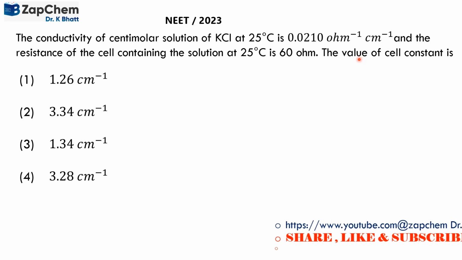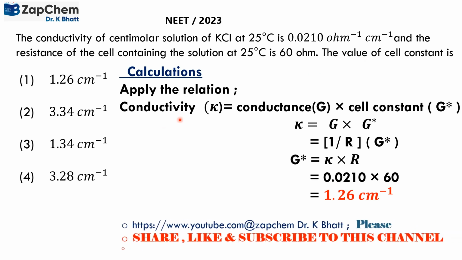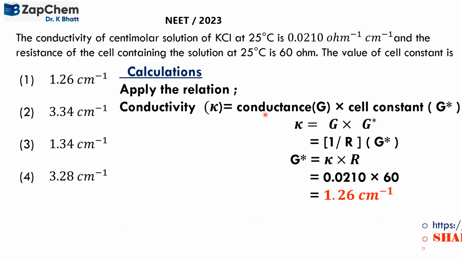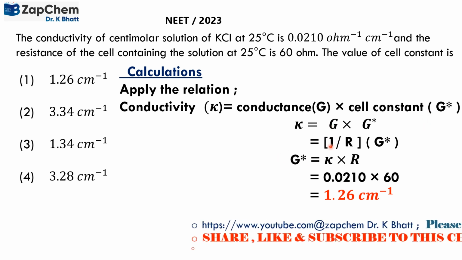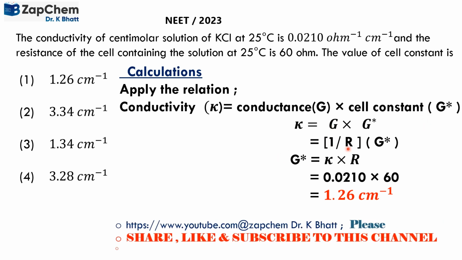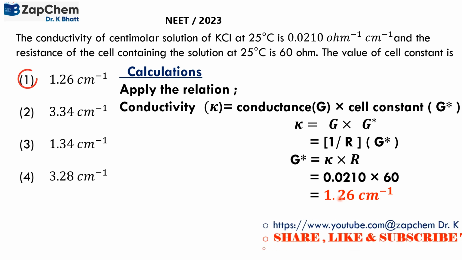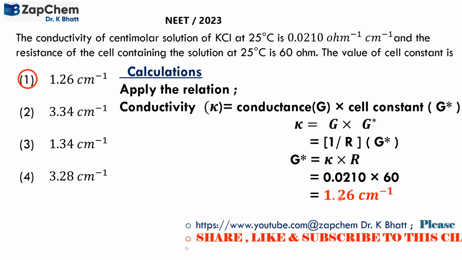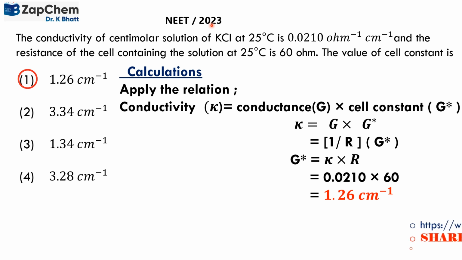The question is very straightforward, and it has to be calculated using the relation conductivity kappa is equal to conductance G into cell constant G star. And G, as we know, is inverse of resistance. Put up the values to get the answer 1.26 centimeter inverse. So that's the correct answer. It has been a neat question, quite important and also simple.